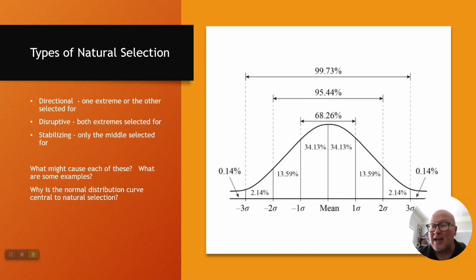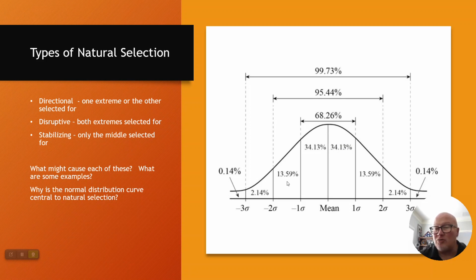If we were looking at height of humans, you're going to have the mean height of all humans, plus or minus 1 standard deviation. 68% of humans are going to be within plus or minus 1 standard deviation of the mean height.